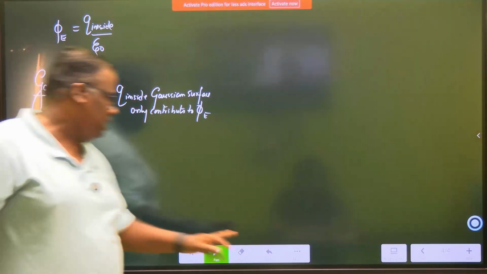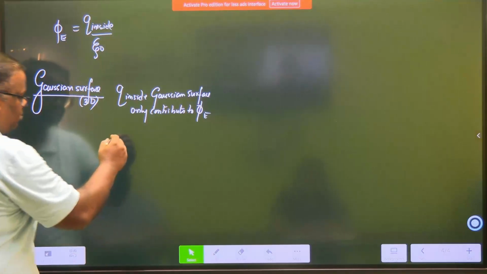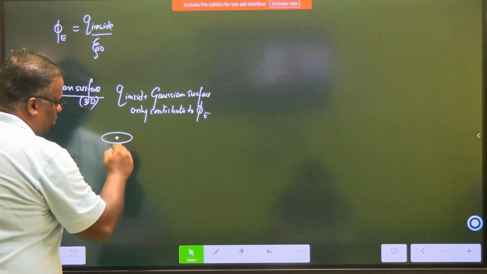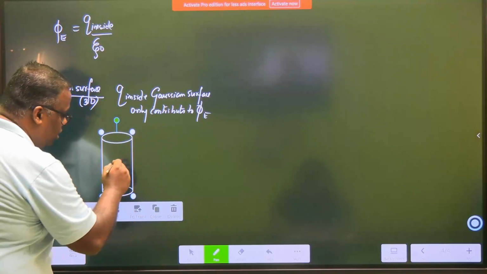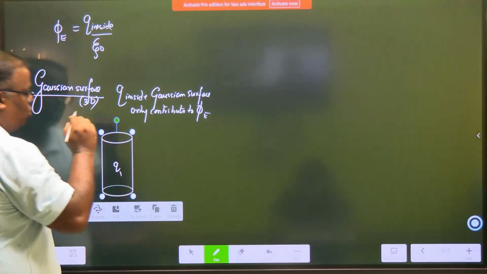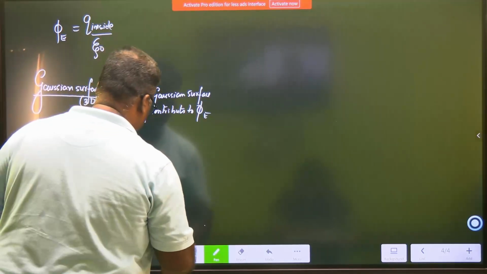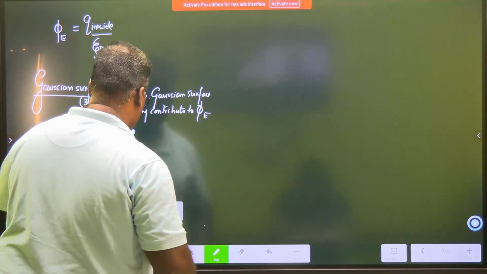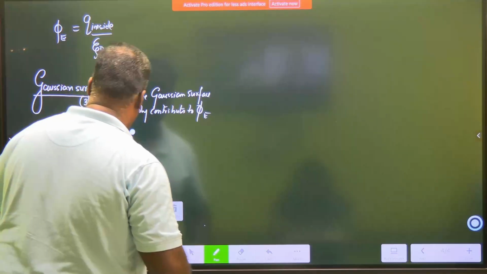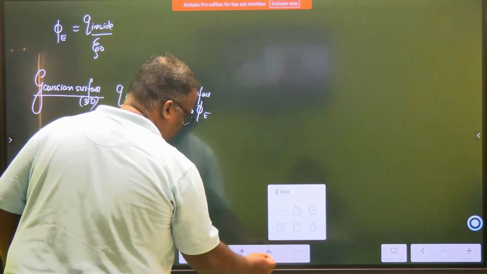So let's understand one hypothetical scenario. I have a charge inside called Q1, and I have a charge Q2 out here. So this is interesting. I have one Q1 and I have one Q2.